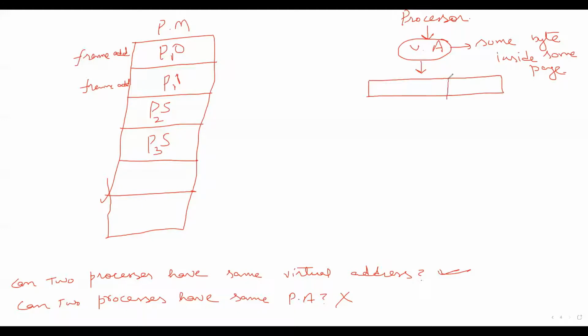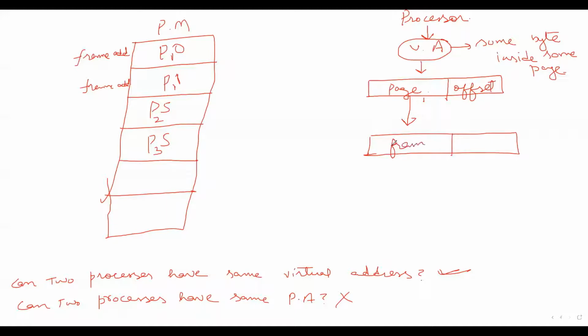The first part will determine the page, and the second part will determine the offset, which byte inside the page. Then from this we have to convert this page into a frame.